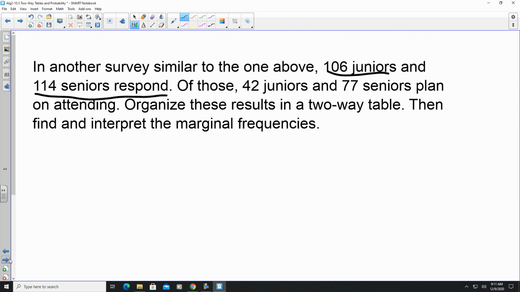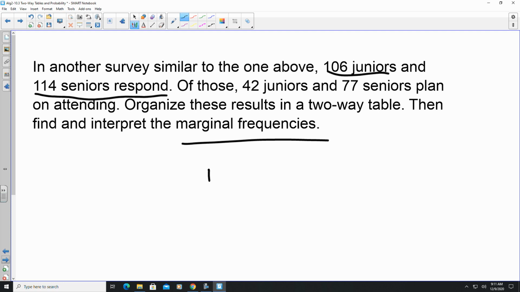Of those, 42 juniors and 77 seniors plan on attending. Organize these results in a two-way table, then find and interpret the marginal frequency. So we actually have some portions of the marginal frequency because they told us we have 106 juniors and 114 seniors.